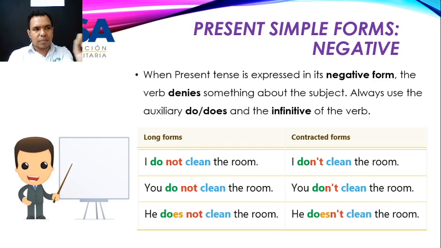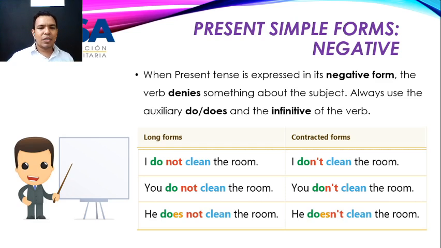For example, if I say I wash the dishes or I study English, I study English is an affirmative sentence because when I say I study English, I affirm, I do the action. But in negative, I deny, negar.